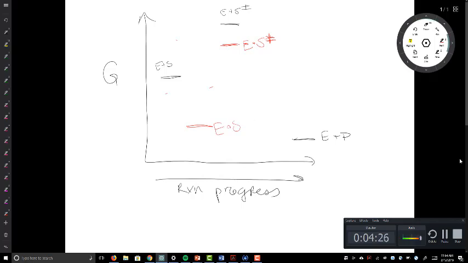So let's say the enzyme binds the substrate and it likes the substrate more than it likes the transition state. So the delta G E plus the delta G ES is going to be greater than the delta G ES double dagger. What does that mean practically?